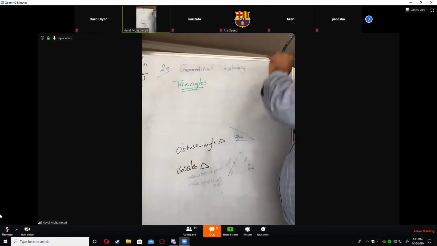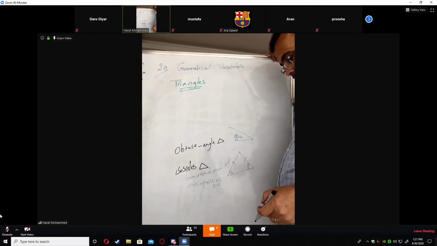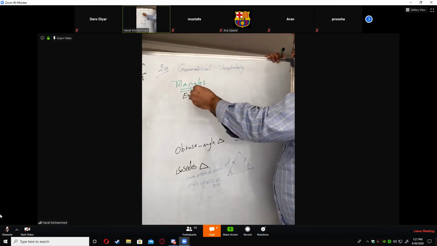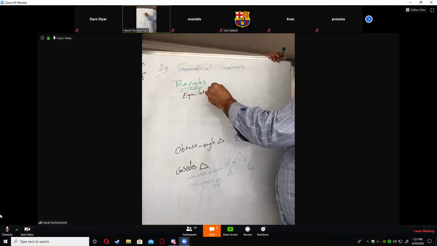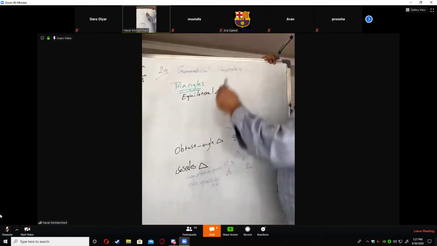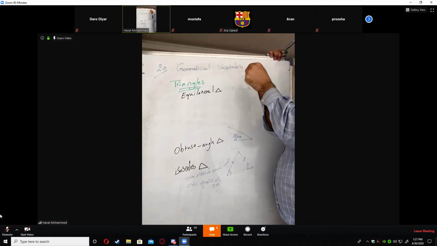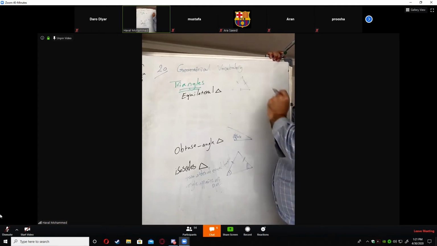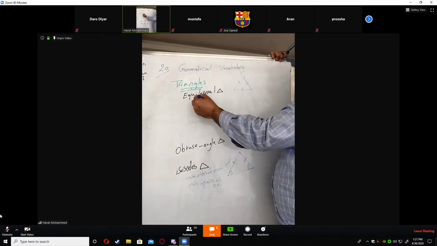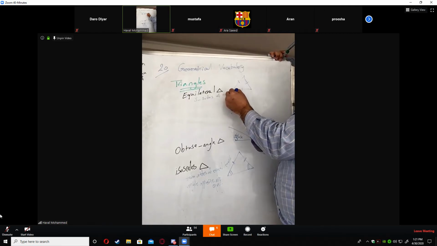And the next one is the equilateral triangle. For an equilateral triangle, all 3 sides are equal. It's this triangle. That's why it says 3 sides of equal length.